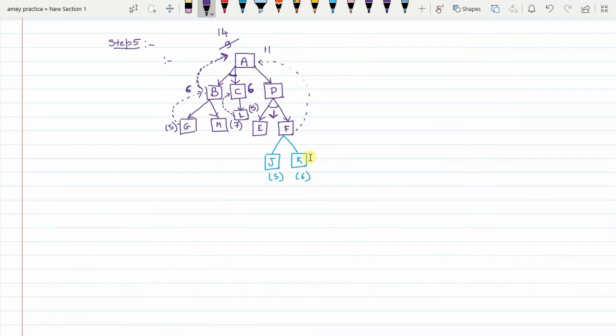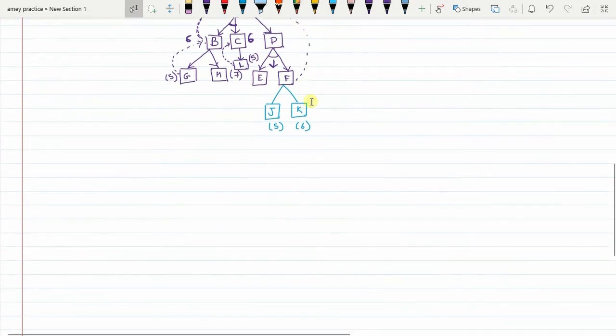Fine. So now we will calculate. In the previous calculation, the value that was backed up from this particular branch happens to be 11. Now we will see whether this 11 can be reduced, or if we can get a better value. Okay, let's check.